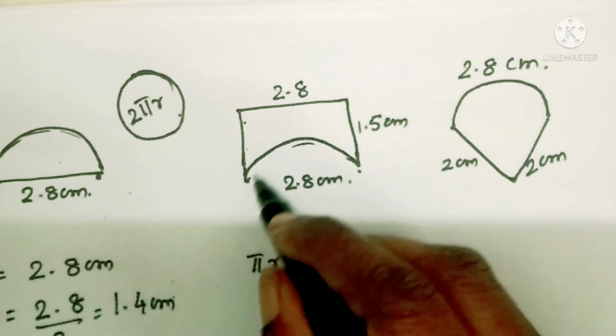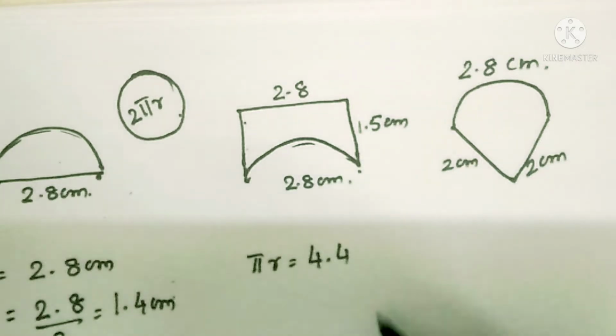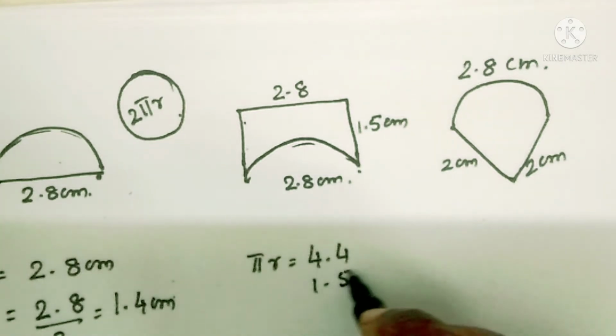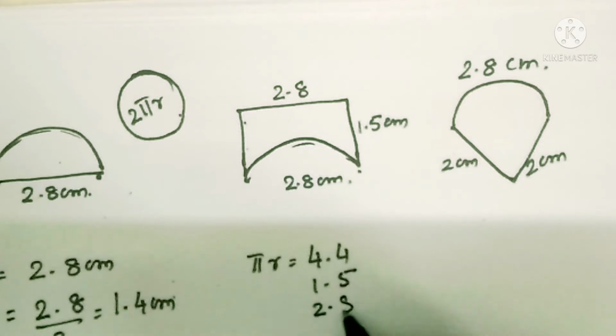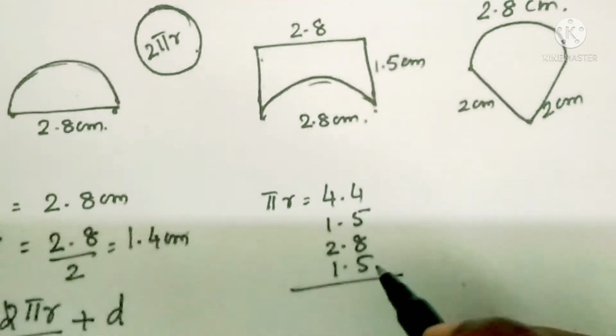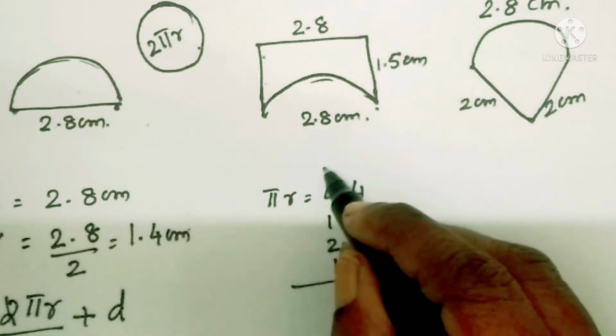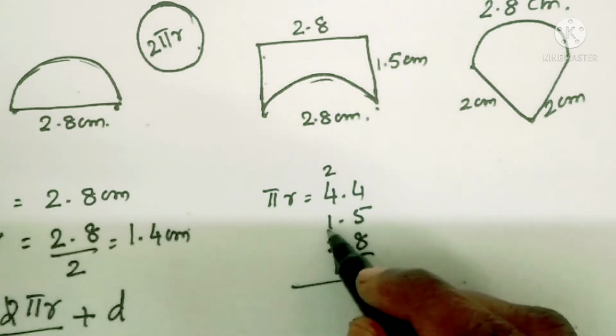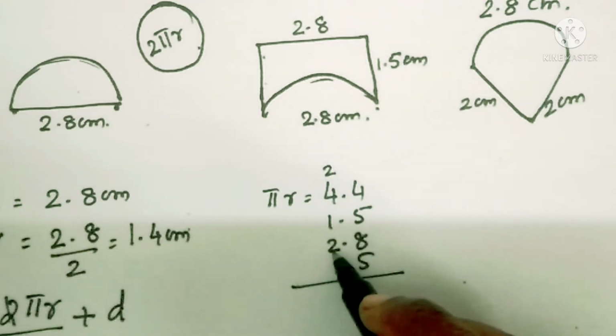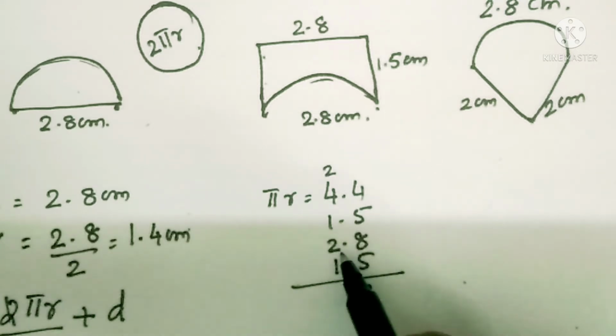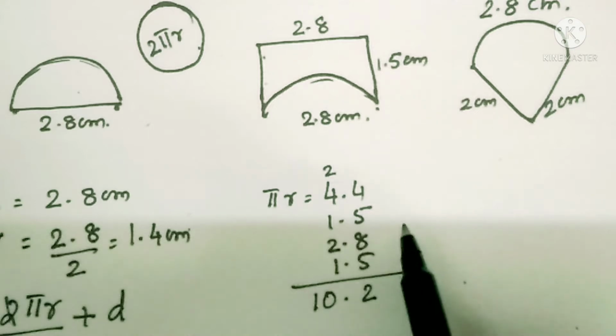First it has to move this, that is 4.4, then 1.5, 2.8, 1.5. So in total, adding them up, we get 10.